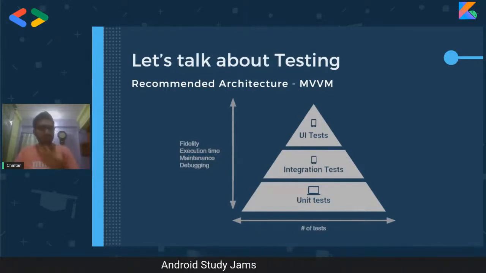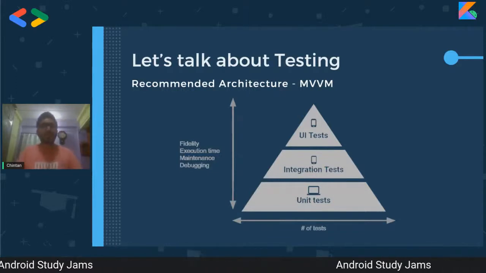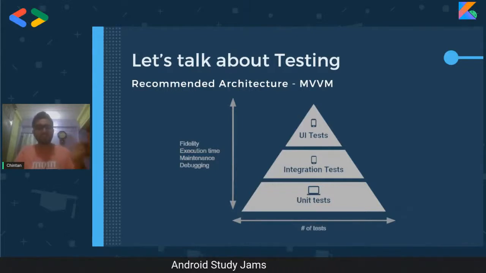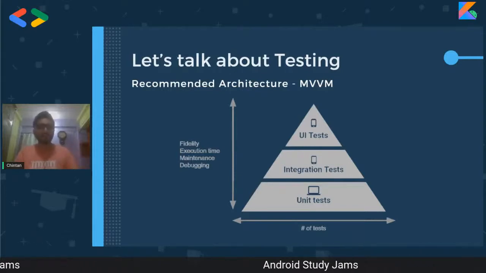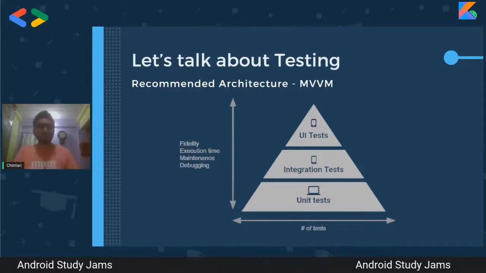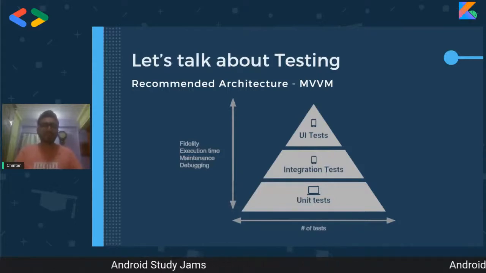I was not able to demonstrate it here, but if you visit your Android project, you will have the Java package, and you will also have packages called test. If you go to the Android test package, you will see some very basic default test classes written. You can start writing your test cases there.